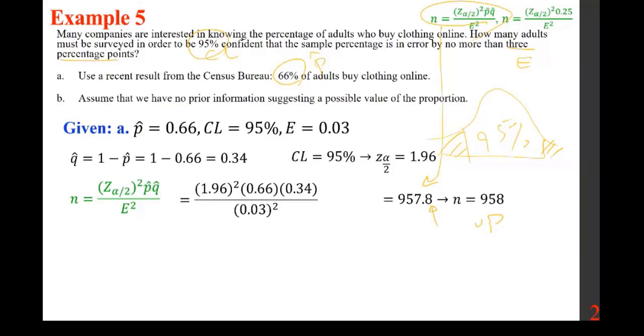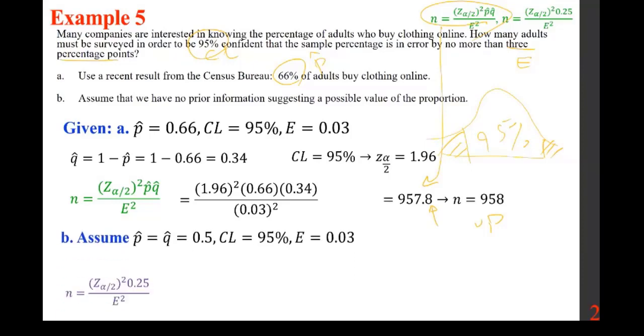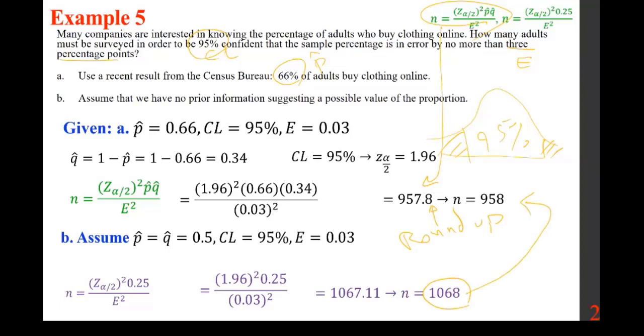You basically use everything the same. Instead of p hat times q hat and plugging in, you just use 0.25. So part B repeats itself, but we use p hat equals q hat equals 0.5. Notice what happens. Again, we round up, but notice this number compared to this number is what? Larger. Always the second case is larger.